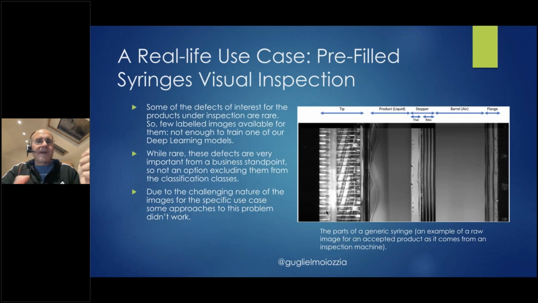Let's say they cracked some syringes, damaged some stoppers, put some fiber inside. But unfortunately, those images at the end were unrealistic. When you see the real production images with these defects, which you will see in another slide across this presentation, they are typically really small, and we couldn't use them. So at the end of this, we decided to move to a different strategy. We can move to the next slide.